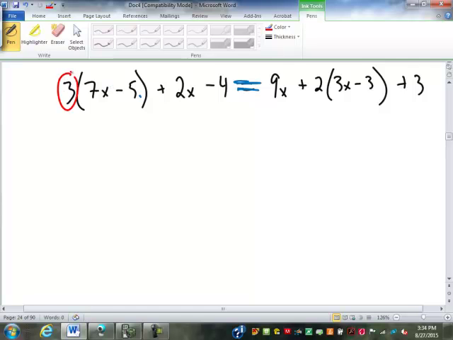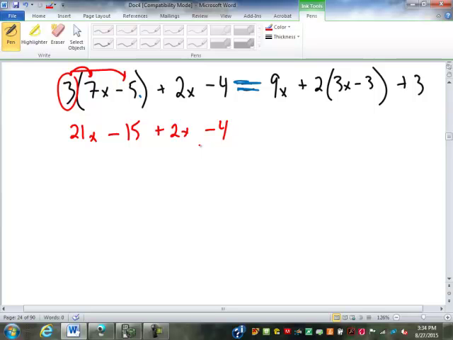So we just take the 3 times 7x, which is 21x. Then this is 3 times negative 5. Very good. So it's a negative 15. Now we still have the plus 2x and the minus 4 there. What are we going to do next?